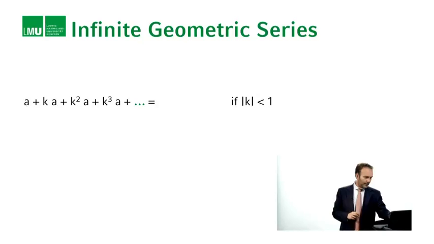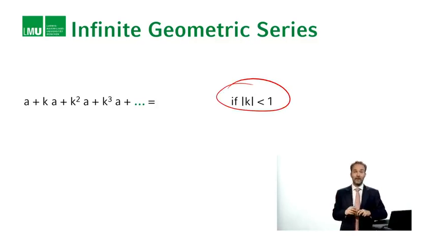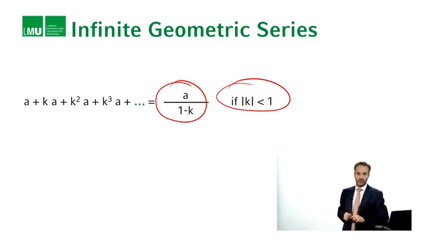So the nice thing is that you have this infinite geometric progression, which is a plus k times a plus k squared times a plus k cubed times a, and so on and so forth, forever, if the absolute value of k is below 1, so somewhere between 0 and 1. And this simplifies to a divided by 1 minus k.